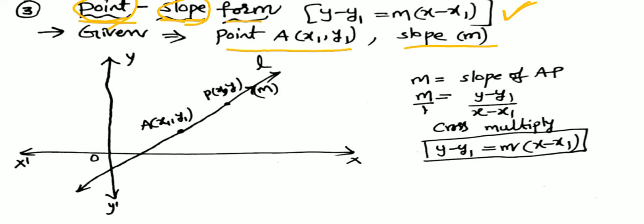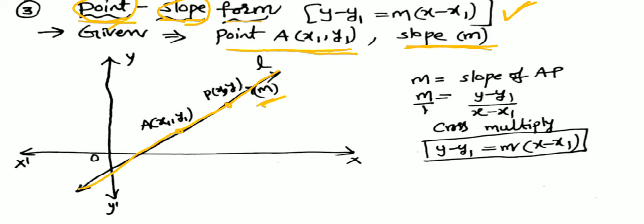Look at the diagram. This is the line. They will give you the slope, so I am taking this line with slope m. It will pass through a point A(x1, y1). So consider another point P(x, y) which satisfies the condition of the line. A and P are lying on the same line.